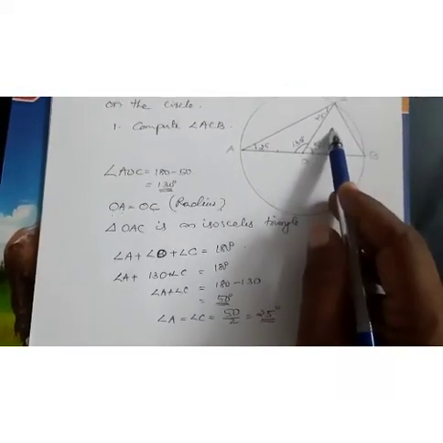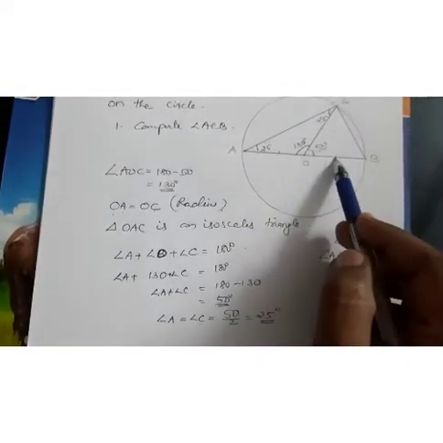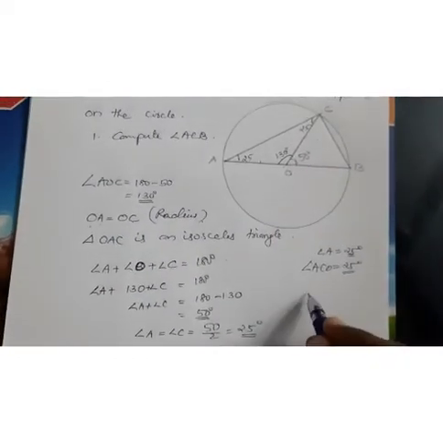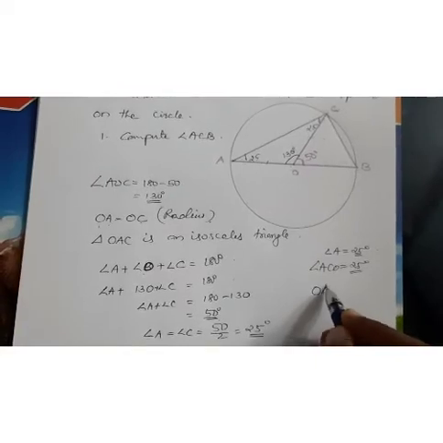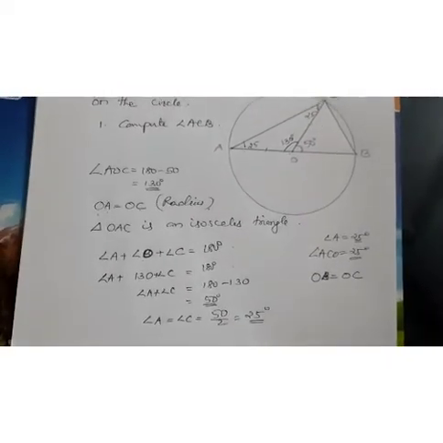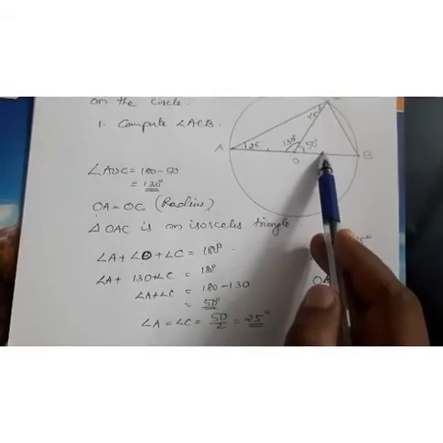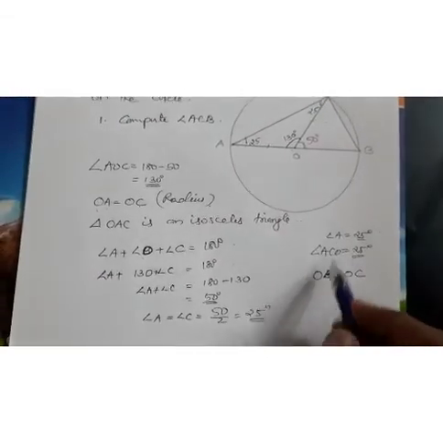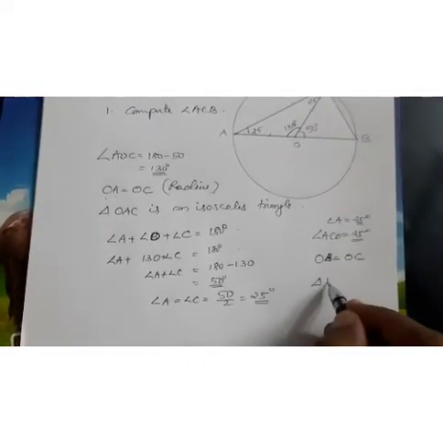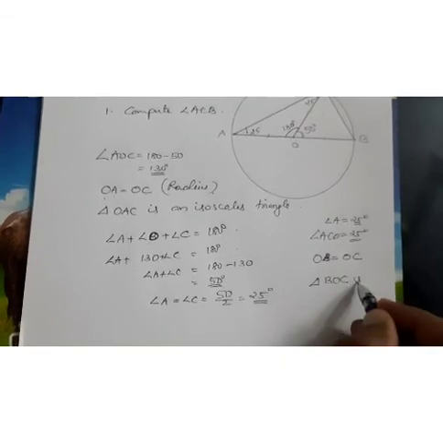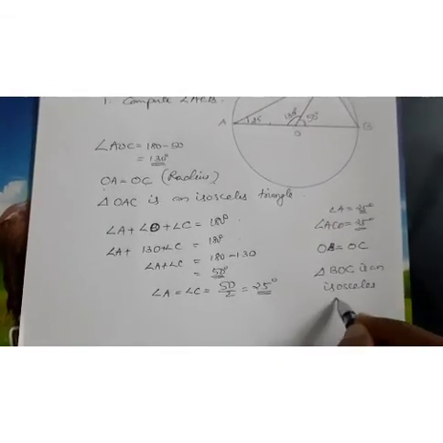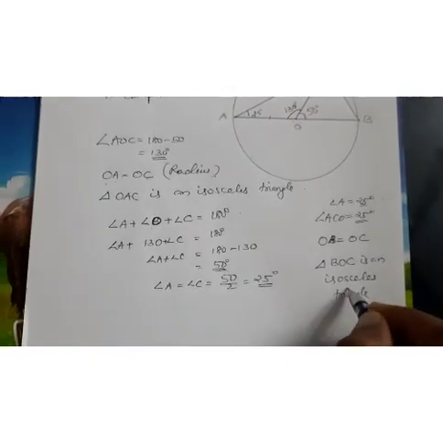Then consider this triangle. In this triangle, these are the equal sides, the radius of the circle, and OB is equal to OC. These two sides are equal. So you can write this triangle as an isosceles triangle. So triangle BOC is an isosceles triangle.